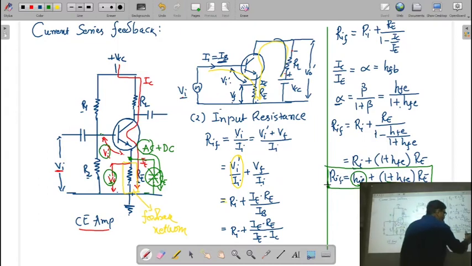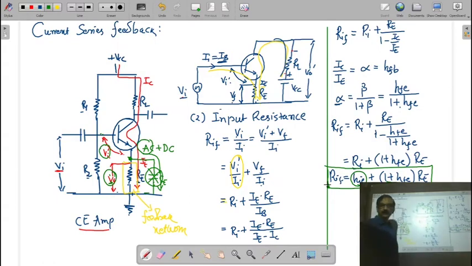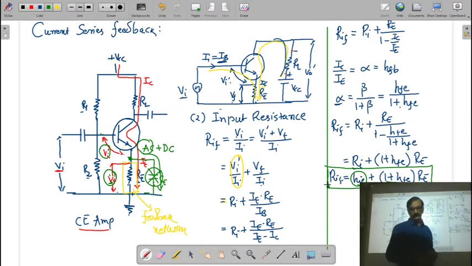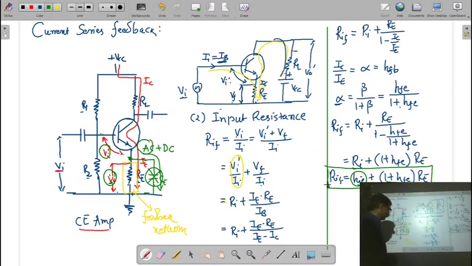So how much is it going to change? 1 plus HFE into RE is going to be added with HIE. So in a current series feedback, when we provide feedback, the input resistance is going to increase. Correct? This is about the input resistance.